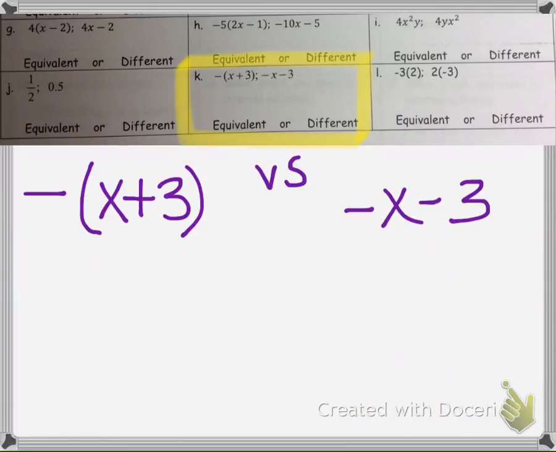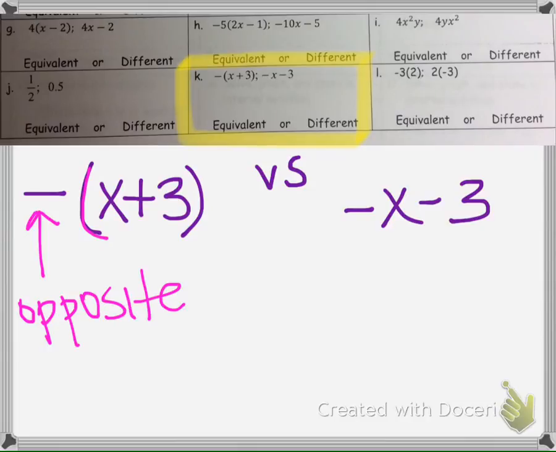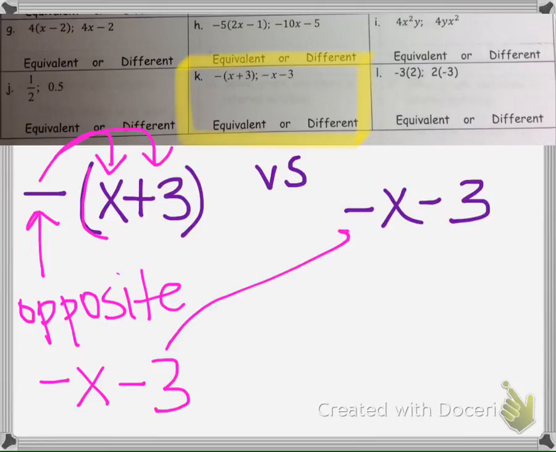Okay, so for letter K, one way is to use the distributive property. Remember, this negative out in front of the parenthesis represents the word opposite. So it's saying, what is the opposite of x plus 3? So the opposite of x is negative x, and the opposite of plus 3 is minus 3. And as we can see, that's what we have over here. So they are indeed equivalent.